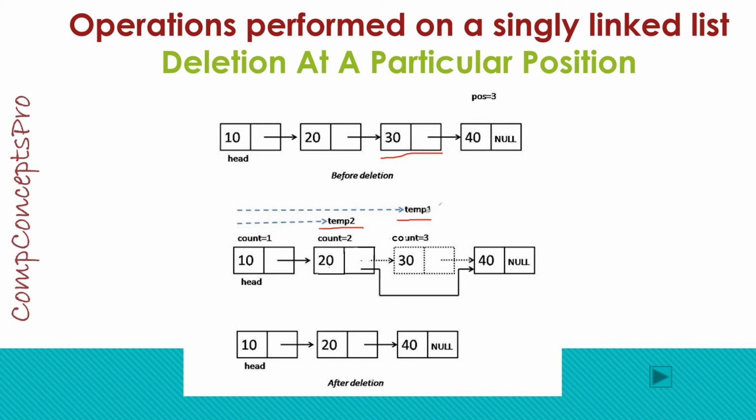Then we'll set the next of temp2 to point to next node of temp1. And finally, we'll delete temp1. So after deletion, the linked list will be like this.